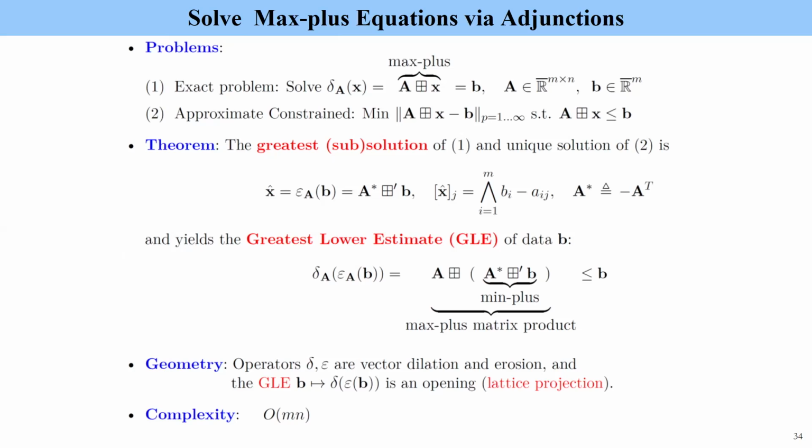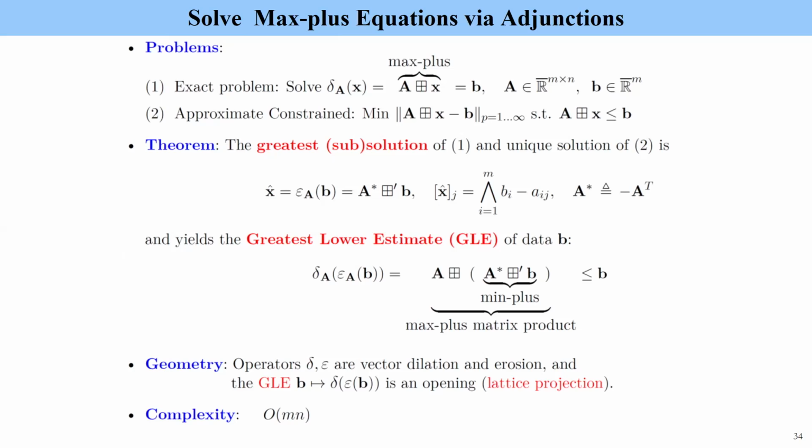Well, there's a theorem by Cunningham and Green that says that the greatest solution, if it exists, is obtained by using the min-plus product of the data vector B with the adjoint matrix A star. It has linear complexity, whereas solving traditional linear algebra has cubic complexity in general.